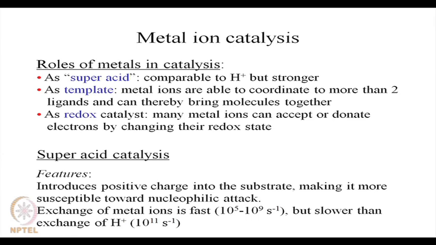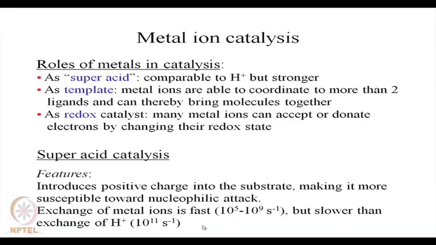Exploiting that, maybe we can have something extra, and also these template metal ions are able to coordinate to more than 2 ligands, and can thereby bring molecules together or bring a specific conformation. That is very useful for effective reaction. Suppose we have 2 groupings like this.